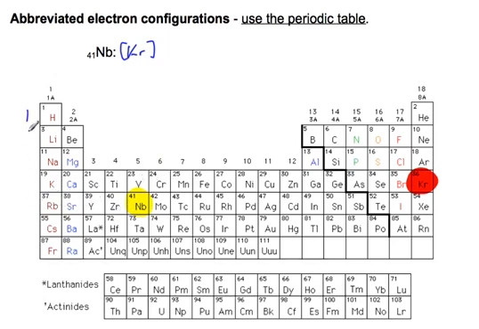Let's make sure we have our energy levels correct. After krypton, it's 5s2, and then we're into the D block, but remember this is 4d, so it's going to be 4d2. And so there's the abbreviated electron configuration for niobium. So abbreviated can be quite a bit simpler.